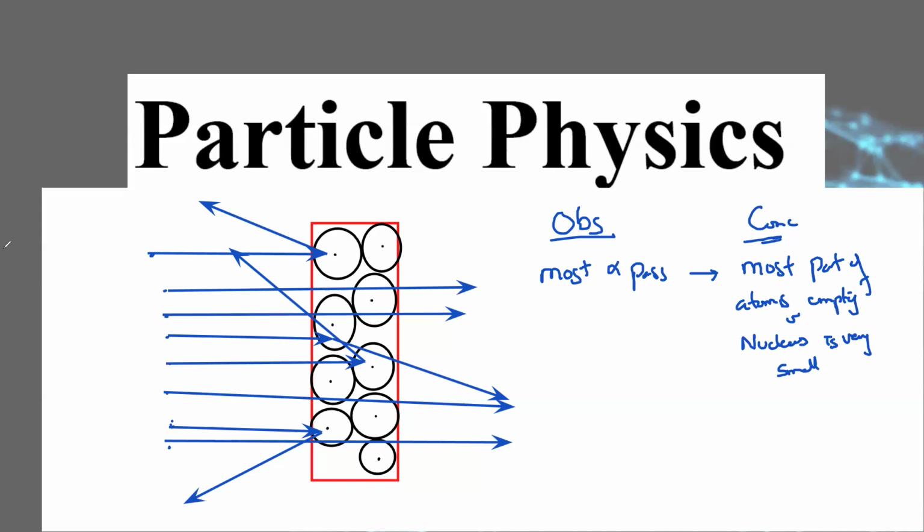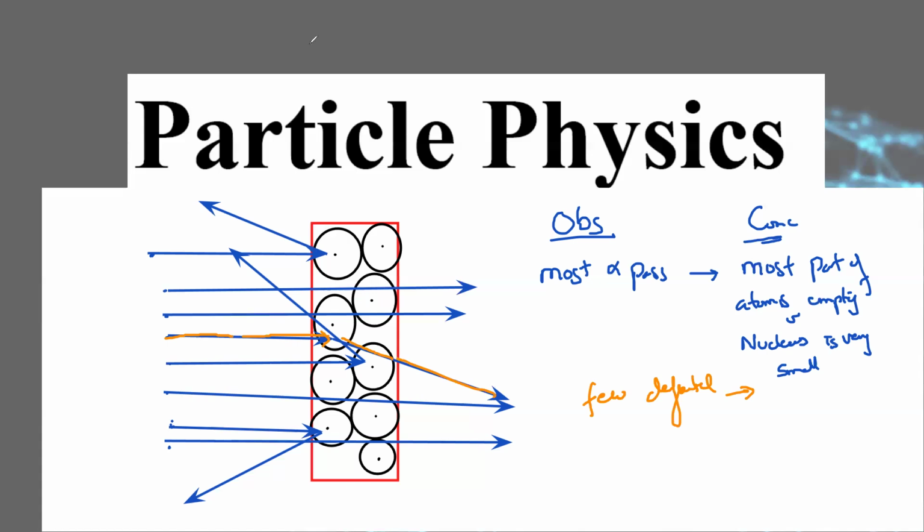The second observation: he observed that a few of the alpha particles were deflected. Deflected means they change direction. Why did a few of the alpha particles deflect? What did he conclude about why they change direction? As you can see, this alpha particle here changes direction.